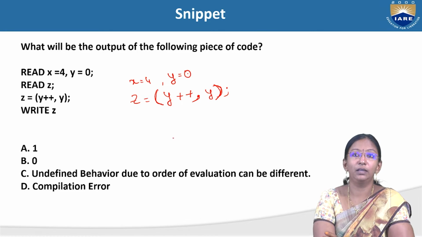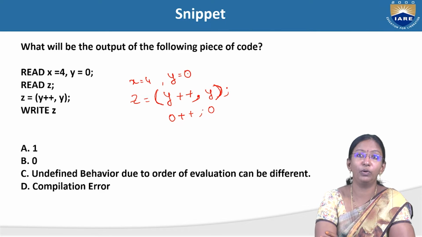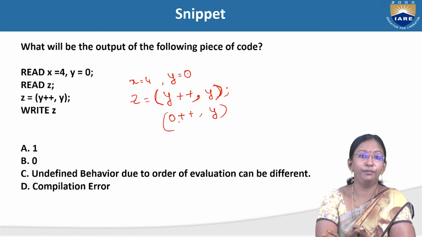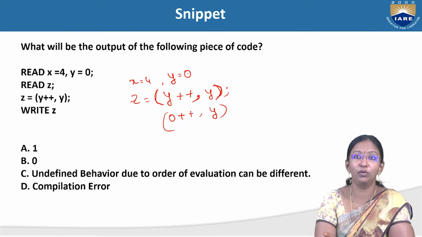Good. Then what happens? So Y, what is the value of Y? Which is 0. 0 post increment, 0 as of now. Or okay, I'll make it as Y, for your convenience. If you substitute the value of Y, you are going to get this.